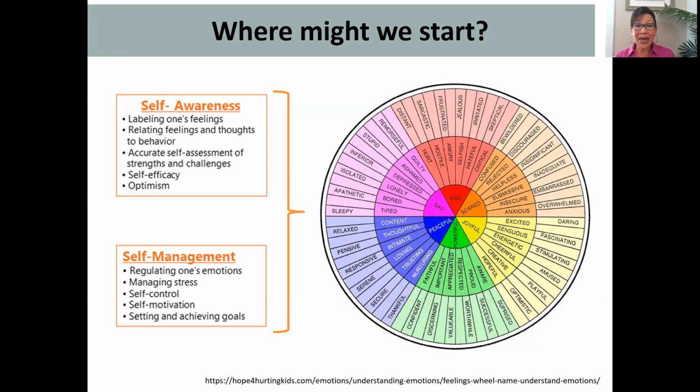Because if you say, I'm mad, when really what you are is hurt or frustrated, then you're not going to be able to, or your students aren't going to be able to truly address what's going on with them. So it's important that we begin to help our students understand feelings and be able to accurately label their feelings, and then to be able to talk about what we can do with them.